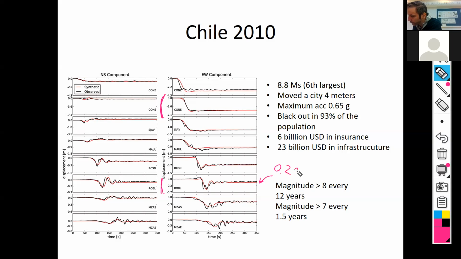It's 0.2 meters. So what is happening there is a wave, okay? We have the Earth, Latin America, South America moving in this direction, and then this end gets stuck on the ocean floor, so it starts to bend, and then it releases. And when it releases, the point that was stuck moves a lot, of course. But these other cities are very far away from the point that moved the most.